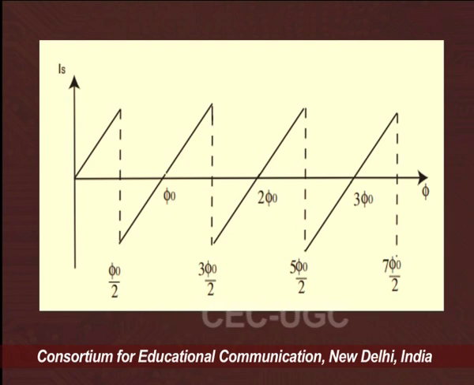This graph shows the relation between the screening current and the flux: whenever we move towards the half, it decreases. In this manner we get the relationship between the screening current and the flux. At this instant, the magnetic flux inside the loop and the magnetic flux applied to the loop are equal, so there is no need for a screening current.